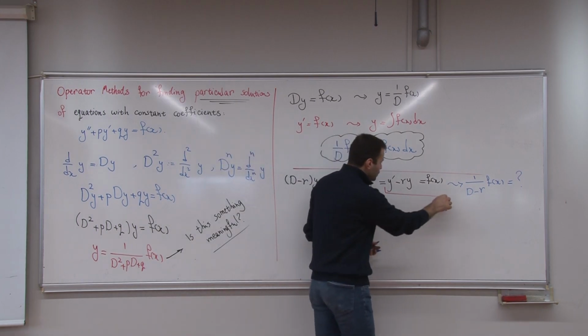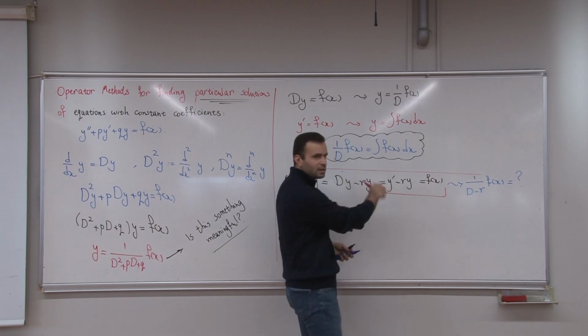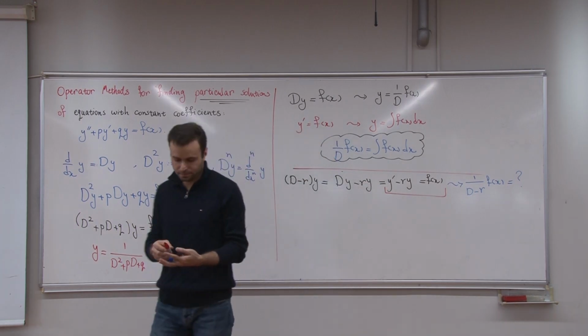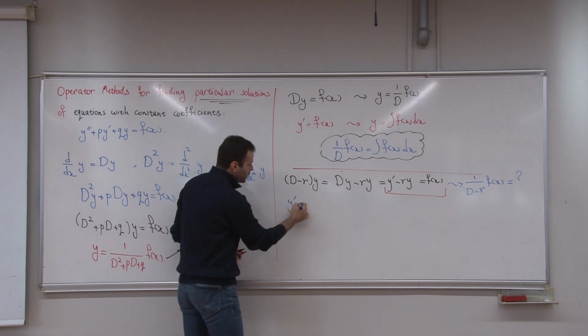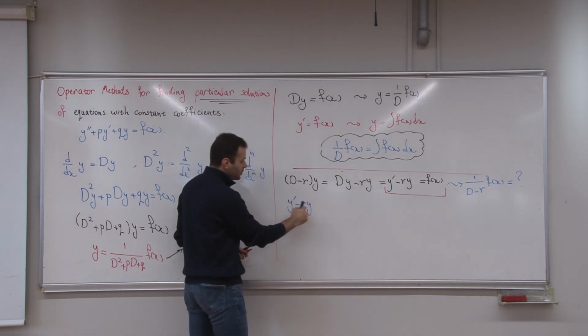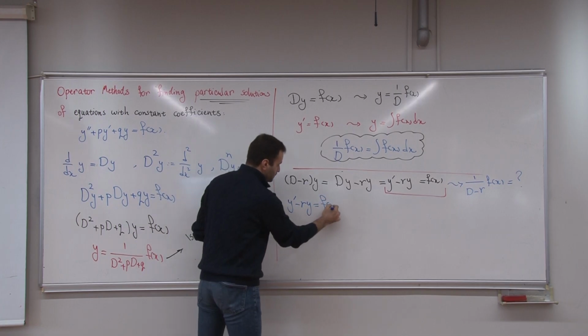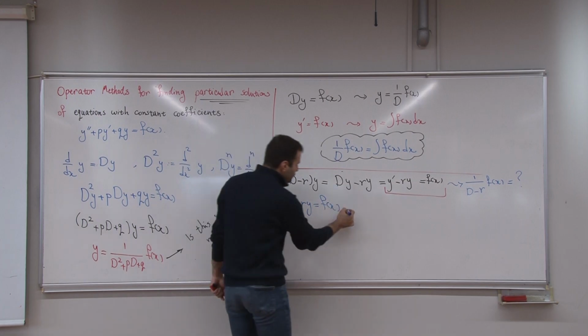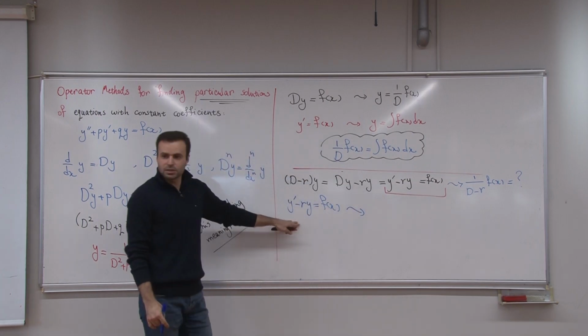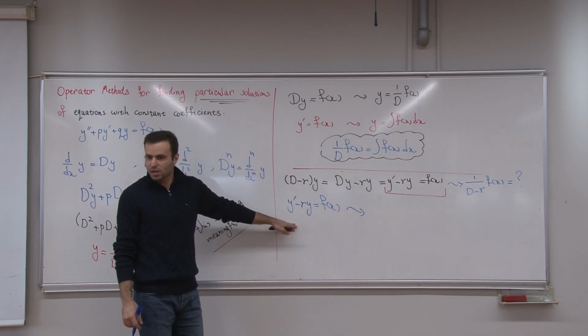Look at this equation. From here, what is our y prime? If we want to solve y prime minus ry, r is a constant, equal to f of x, how do we solve this differential equation? If you remember, it is a linear, first order non-homogeneous equation.